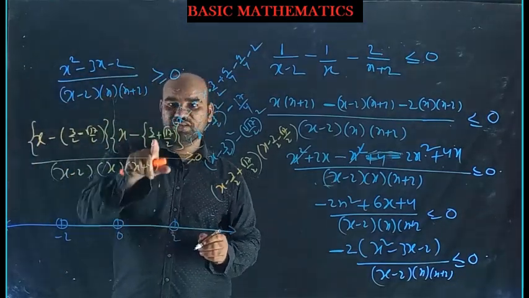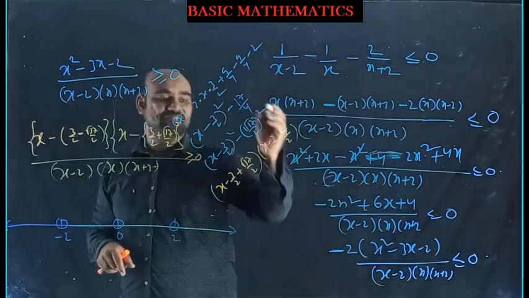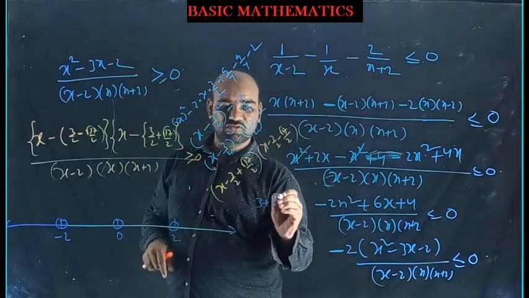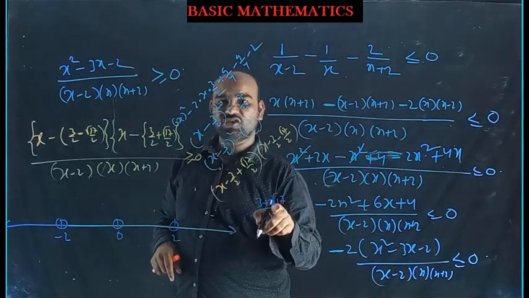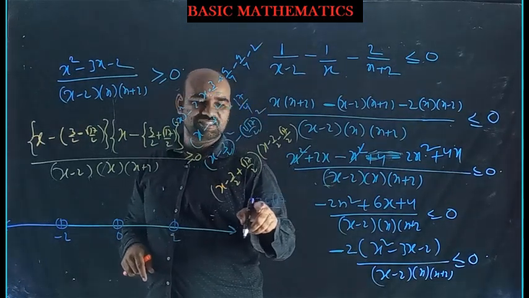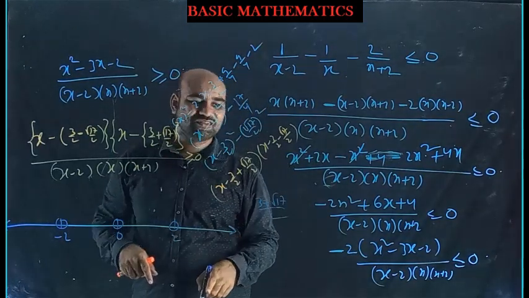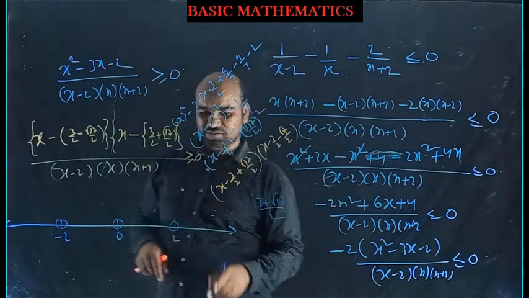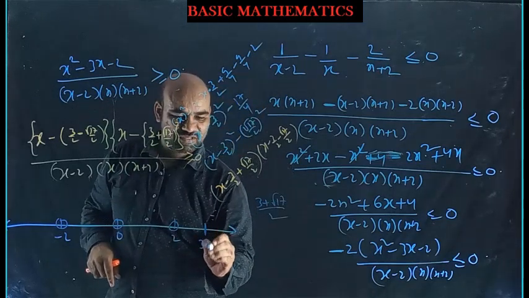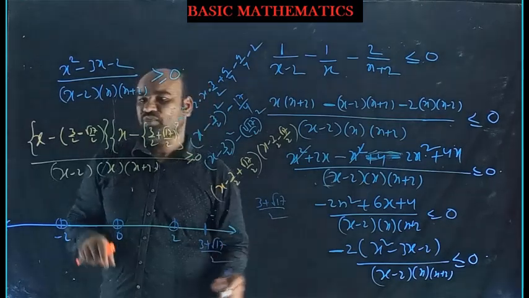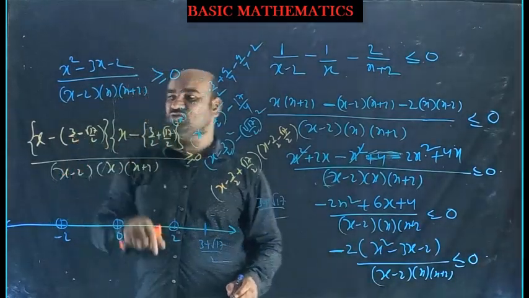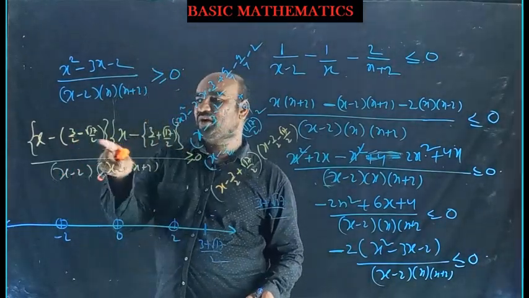We want to identify 3 by 2. Interesting one is 3 plus root 17 by 2. Root 17 means 4 point something. 4 point something plus 3, 7 point something, by 2 means 3 point something, somewhere here only. So what is 3 minus root 17 by 2? 3 minus 4 point something, a negative number.